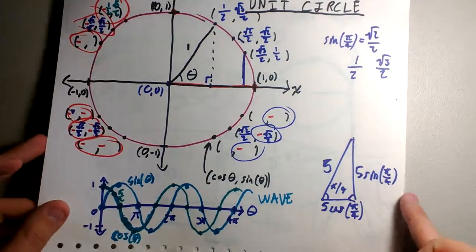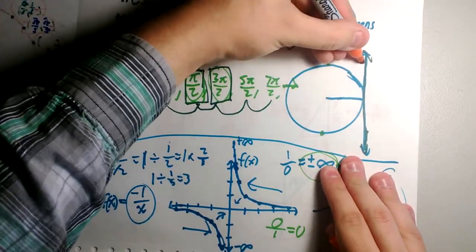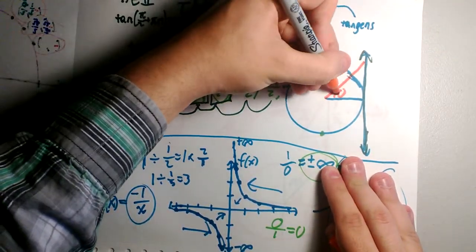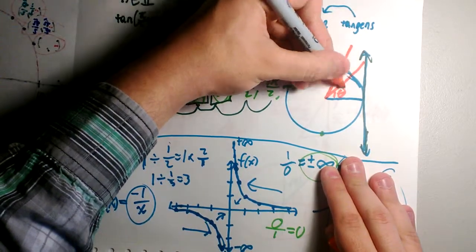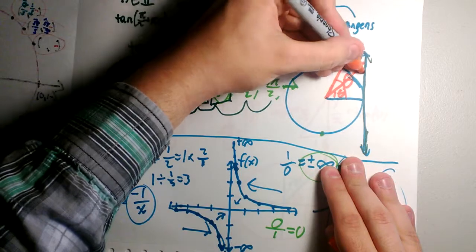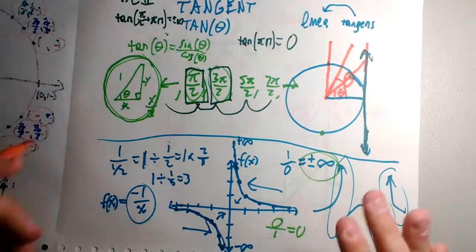So if you see right here, if we just make a line at our angle, then we keep increasing the angle, eventually this value gets really massive the closer this gets to pi over 2. And at one point it will be parallel, so we'll have no connection.